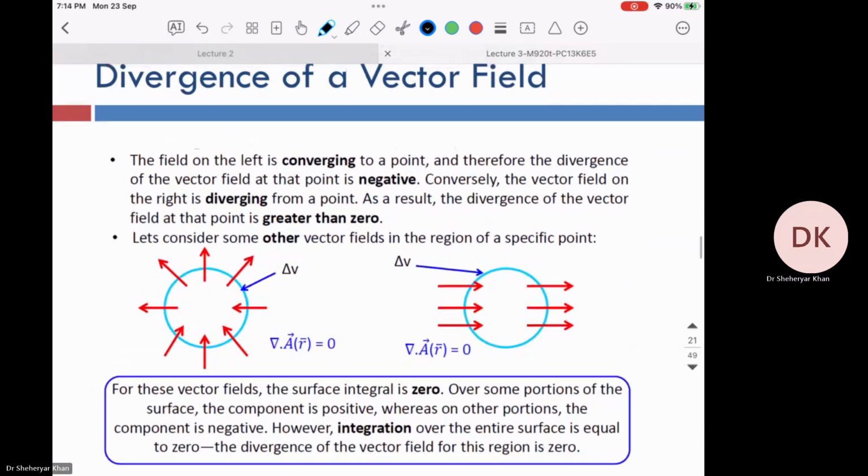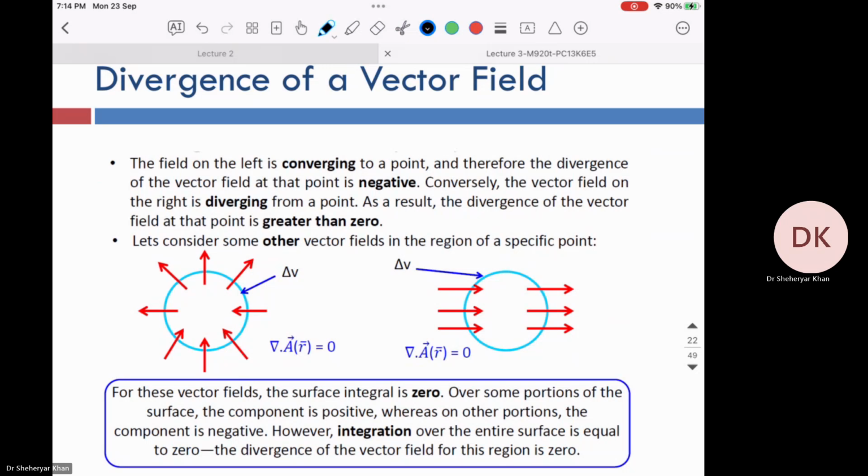Now, here are the demonstrations. In the first case, you see this is your vector field.